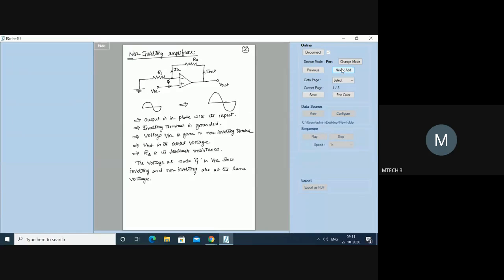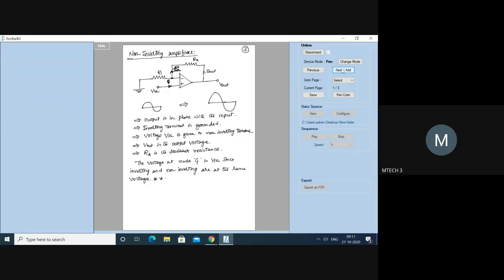Why it is so is because, as per the input impedance, the current cannot enter into the operational amplifier. Therefore through G, the current which is going to pass is what is called Iin. So this is very, very important.